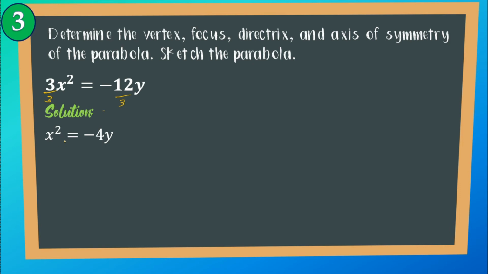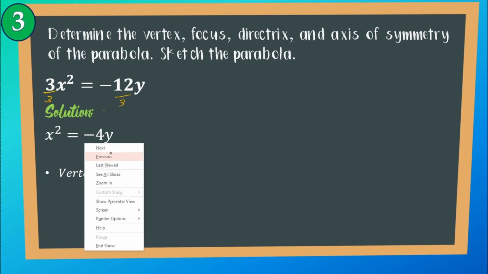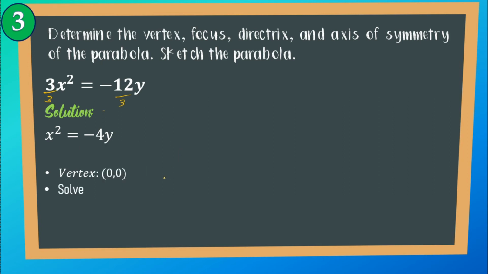So magiging x squared equals negative 4y. Okay, what are the vertex here? So, it's very understood, no? Yung vertex natin is at (0, 0). Now, looking at the right side, negative naman yung sign here, meaning to say that yung parabola opens downward.